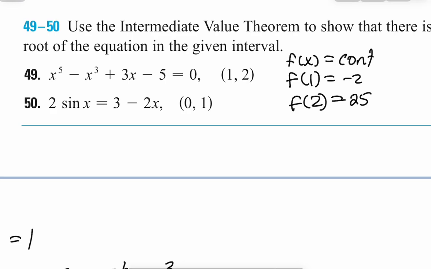There must be a 0 in here, because if I was at a height of negative 2 and now I've come up to a height of 25, it's a continuous function. I never have to lift my pencil. There's a 0 in there, right? That's all that says. If one side is positive and one side is negative for a continuous function, you had to cross over 0. There's a 0 in there. Do I care where it's at? No. It just is there. Okay.